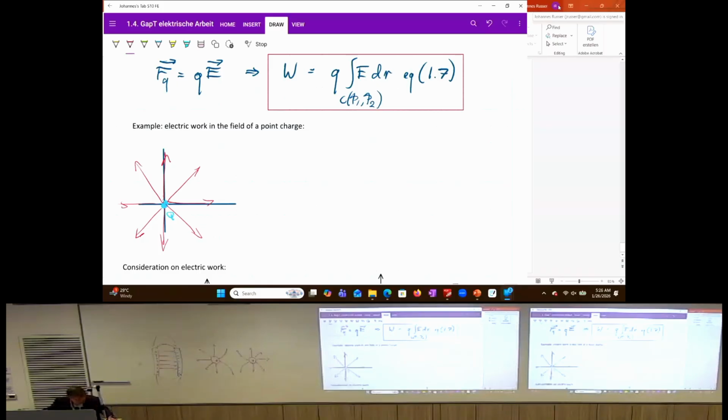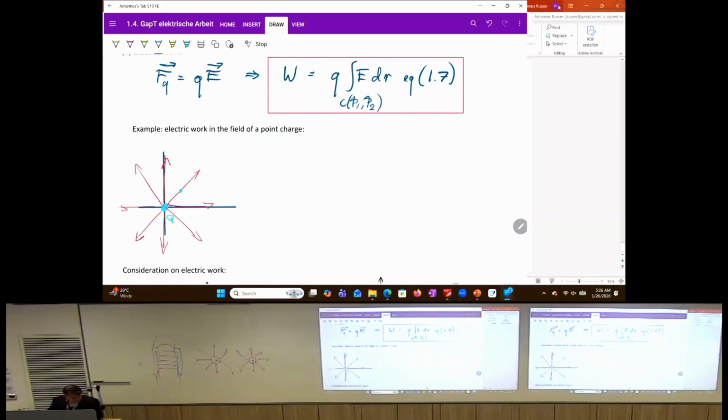So in the center we have the point charge Q. That is our generator of the electric field, and then we take a small test charge q that we could place, for example, here. This is our test charge q, and you see the main charge in the center is the contributor to the electric field, or to the force lines that you see plotted in red.